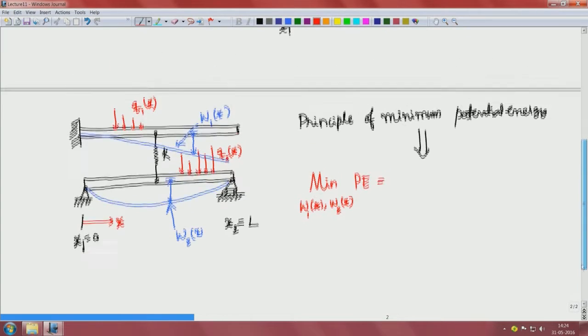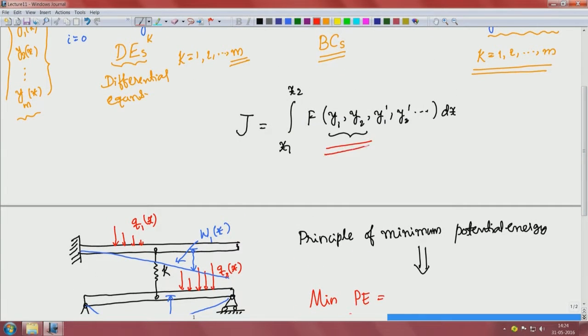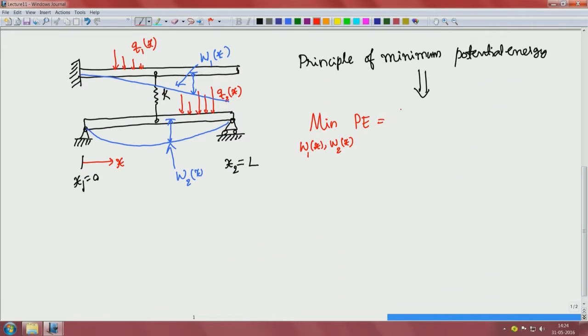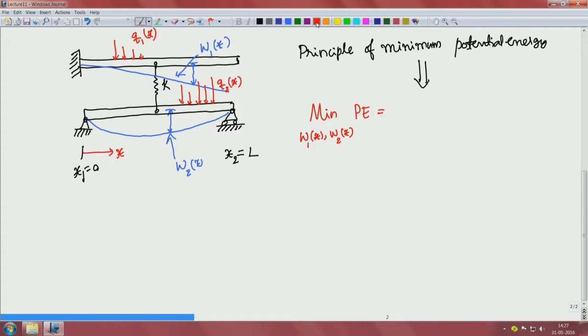So, we are looking at a case where there will be two functions, okay, y1, y2, now that became w1, w2. So, that we can write from 0 to L. Yeah. So, we have potential energy of the two beams and the spring we have to include. So, I would say potential energy of beam 1, that is this is beam 1, and then we have beam 2. We have to write potential energy of beam 2 and potential energy of the spring that we have there.